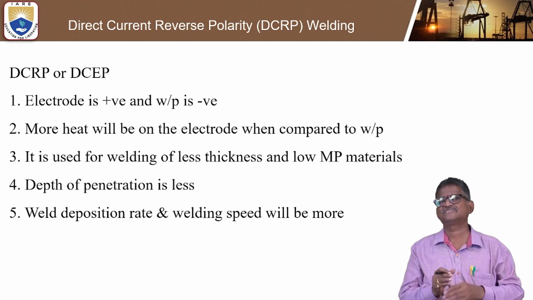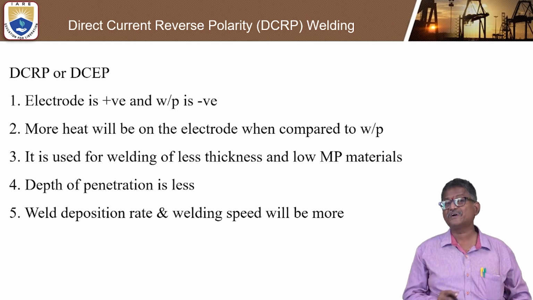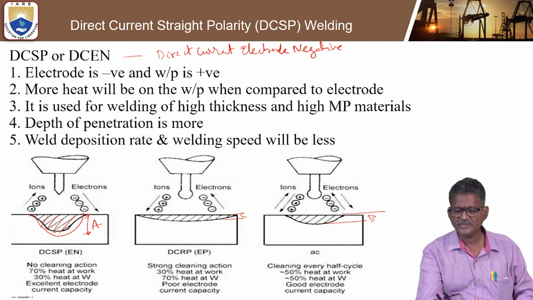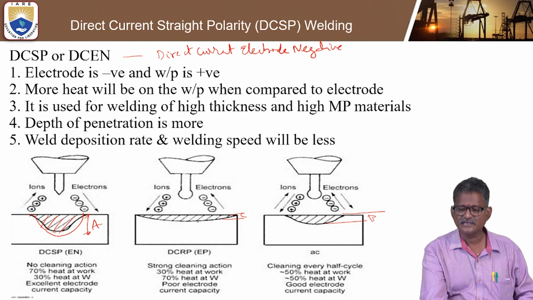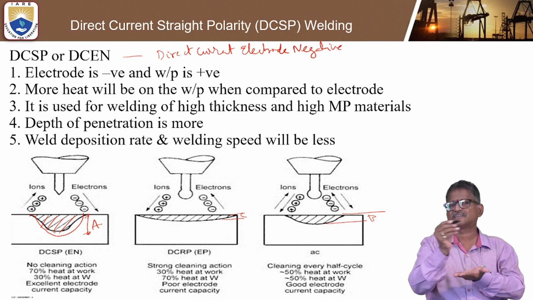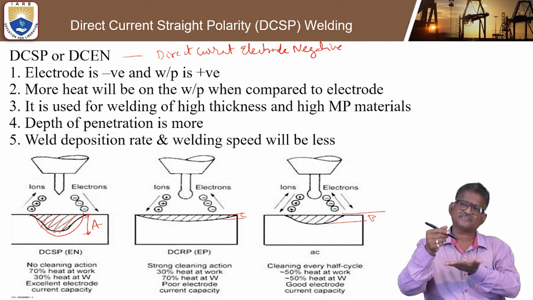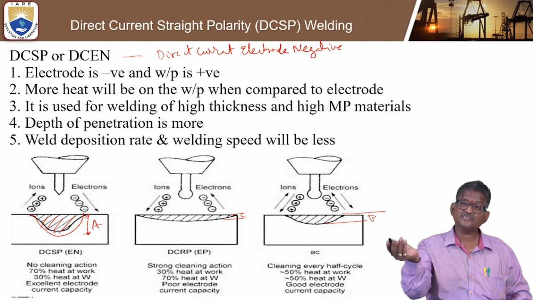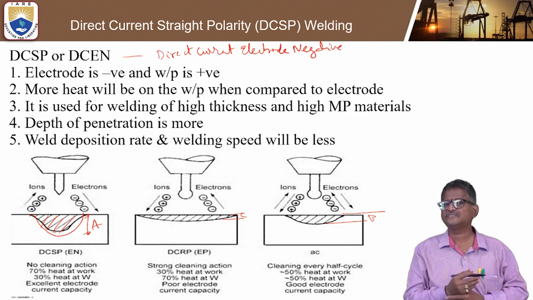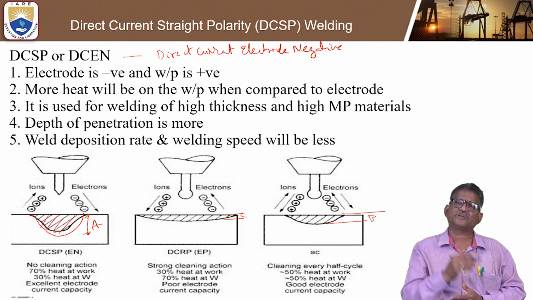And depth of penetration is very low, you can see. For DCRP, the depth of penetration is like a sector shape, very shallow, compared to AC and DCSP, which have more depth of penetration.